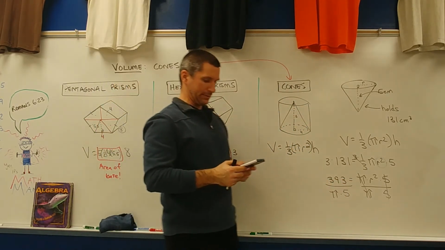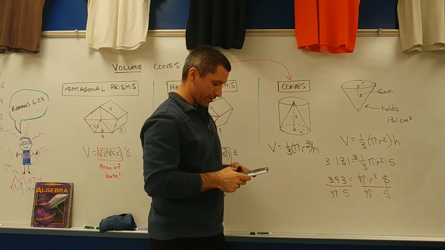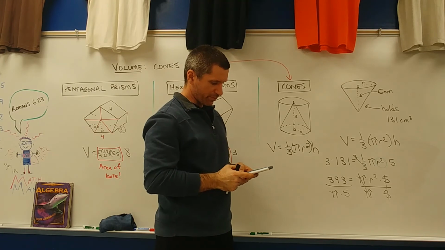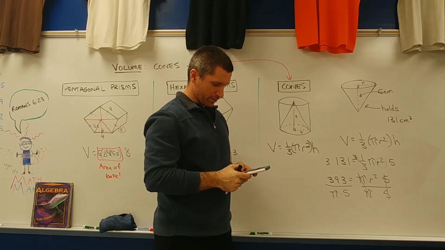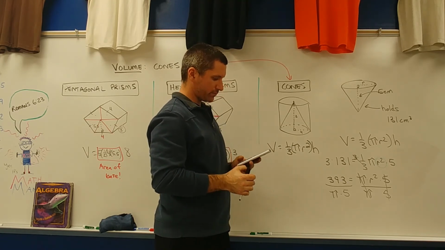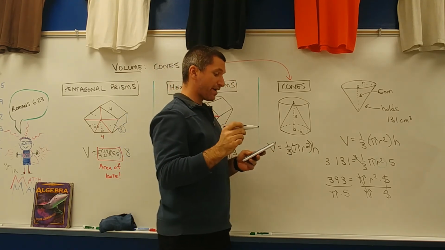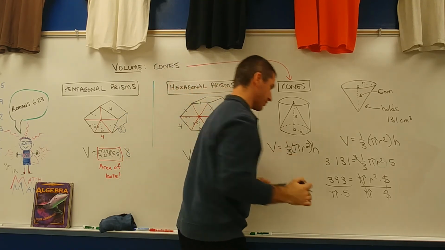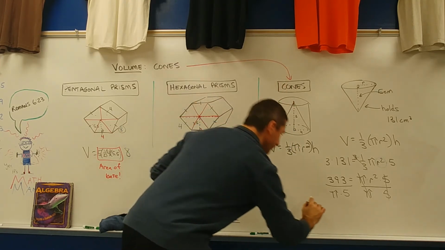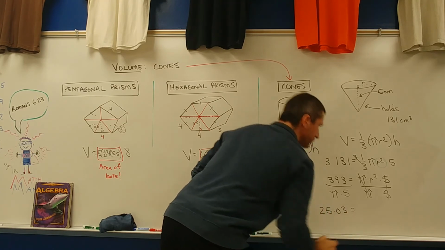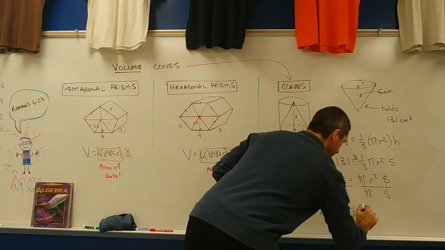I haven't done this ahead of time. So 393 divided by, I'm going to make a call, 3.14, and then divided by 5. Or take 5 times 3.14 and divide by that. I got 25.03, let's round to the nearest hundredth because I say so. Equals r squared.